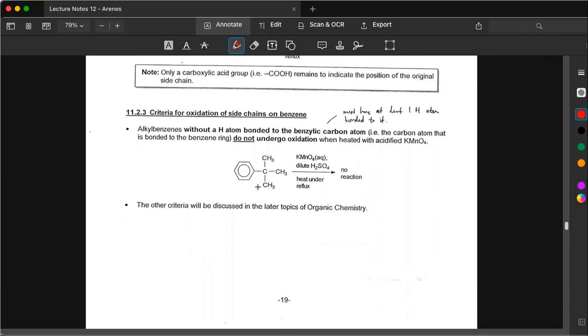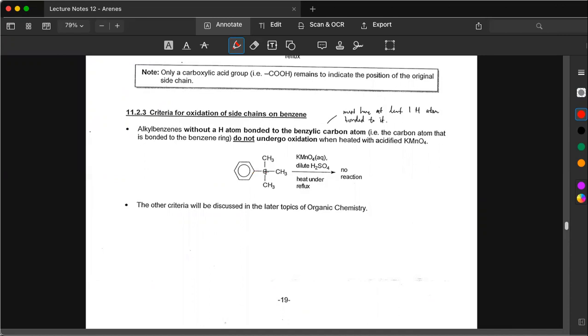So alkylbenzene without a H atom bonded to the benzylic carbon atom does not undergo oxidation when heated with acidified KMnO4. Must have at least one hydrogen atom bonded to it, like bonded to CH3.